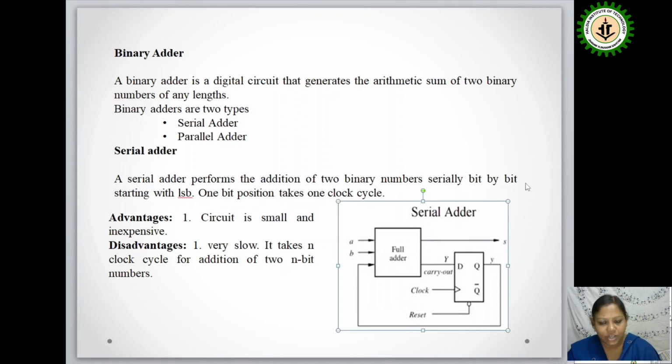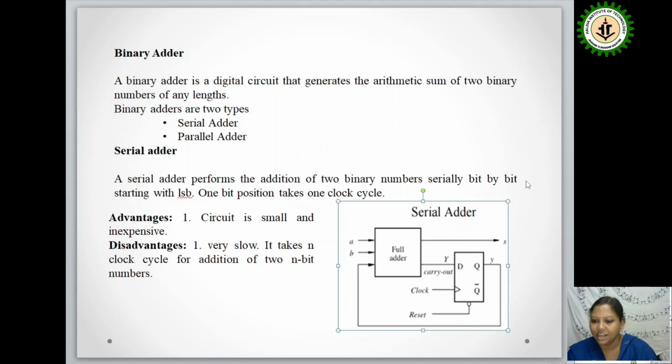In a single unit of time period only 1 bit is added from the LSB position, and serially, that means starting from the LSB position, then it moves to the next bit after the LSB, then again the next bit. In this way it goes on and finally ends with the MSB position addition.